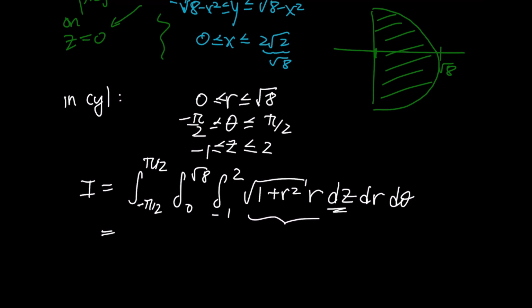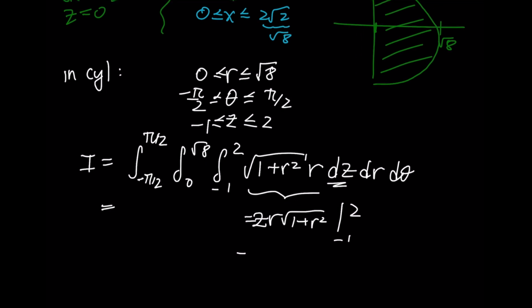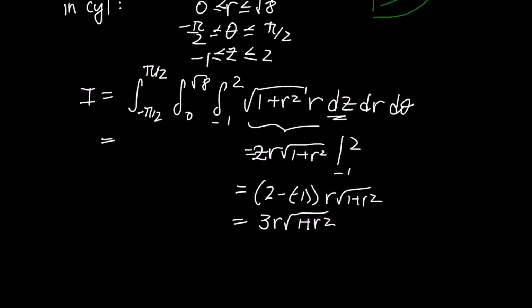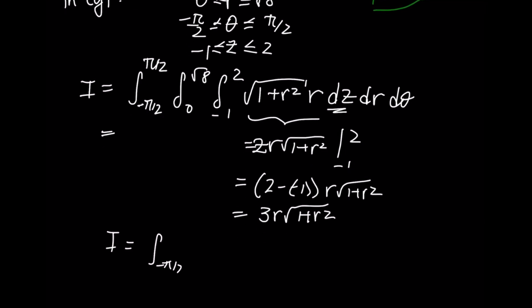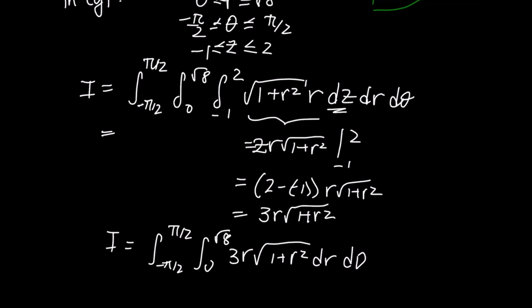This will simply be z times r times this square root, evaluated from -1 to 2, which will in turn just give us a 2 minus -1 times r times this square root. So this will just be 3r times this square root. So the integral simplifies. We'll have the following: 3r times the square root of 1 plus r squared dr, and then d theta.